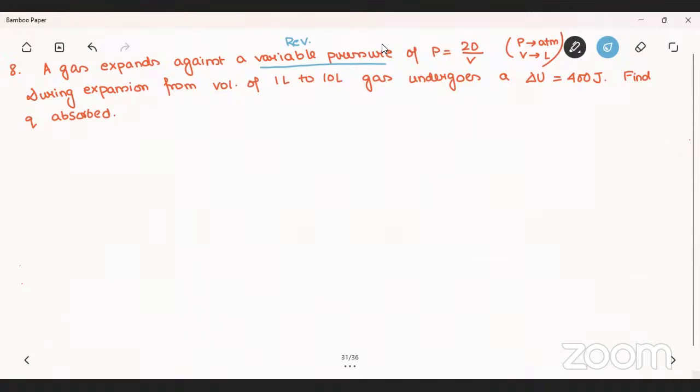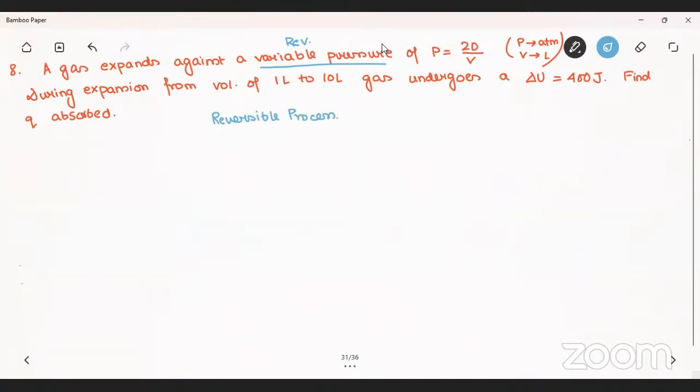No. So can we use that formula, minus 2.303 nRT log of V2 by V1? No. But variable pressure is given. So we know this is a reversible process, but not an isothermal reversible process. So we can't use that formula.